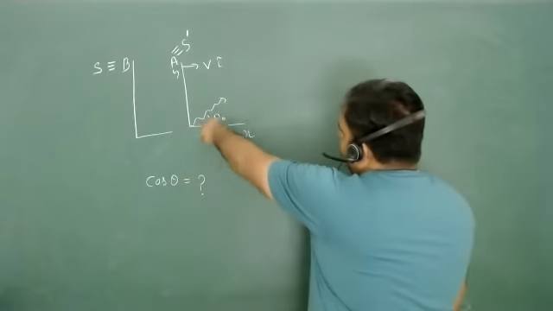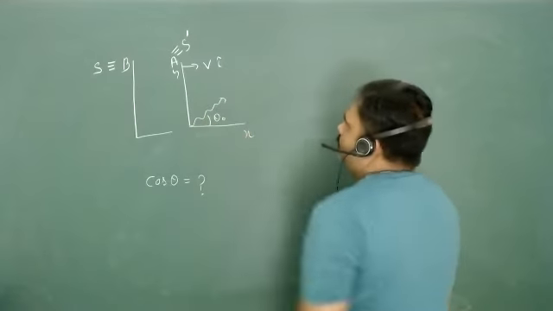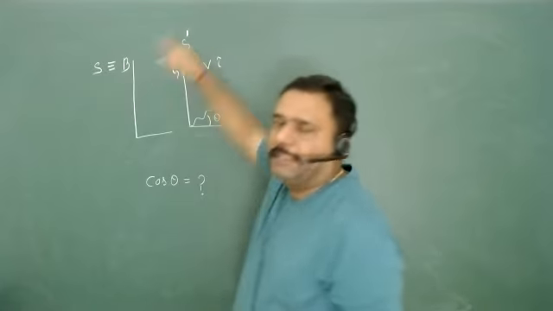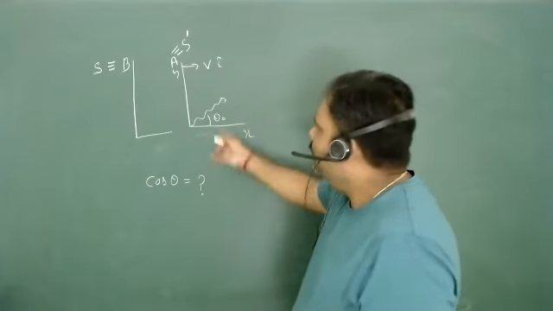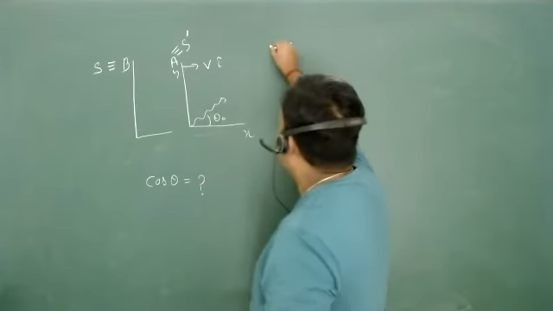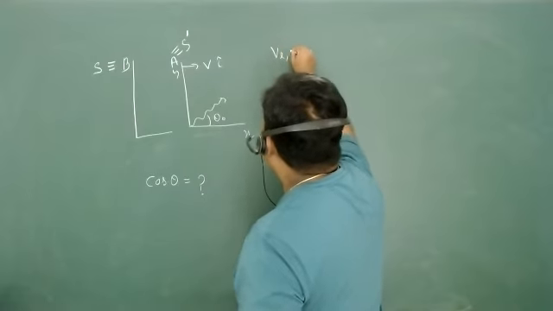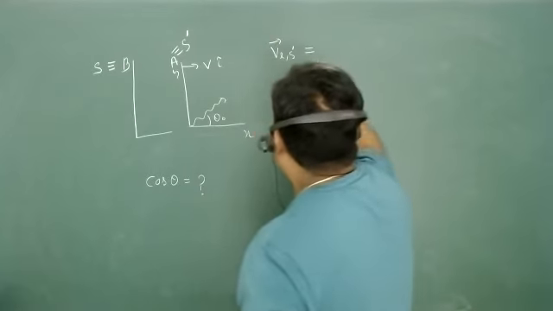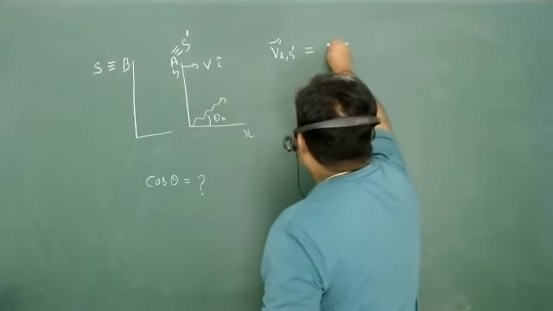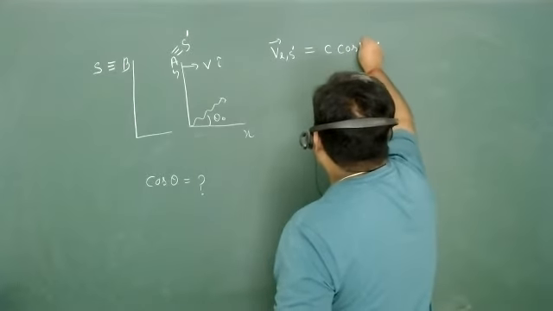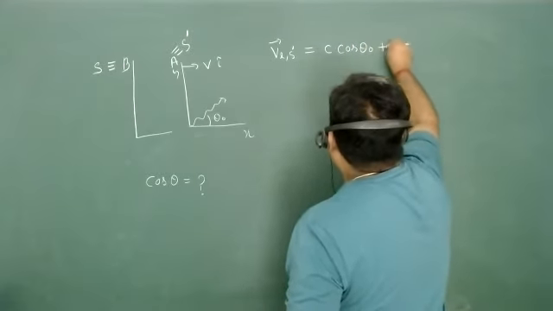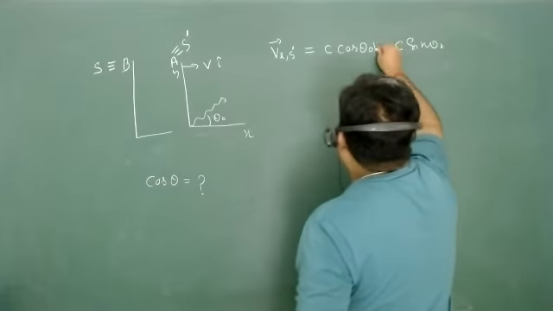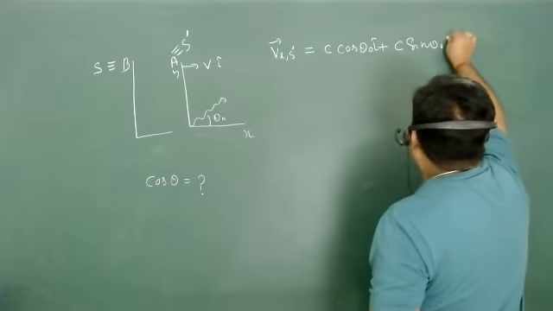And now if I see this light pulse with respect to A, that means we are seeing it with respect to S dash. Then I can give the notation of this light pulse, the velocity of the light pulse with respect to S dash. I can write this as C cos theta naught i cap plus C sin theta naught j cap.